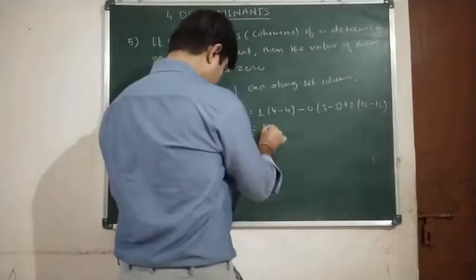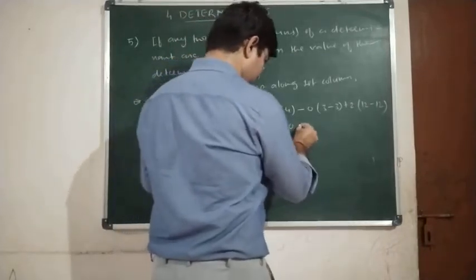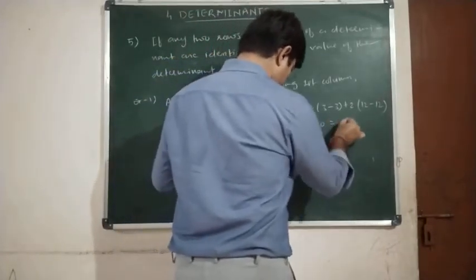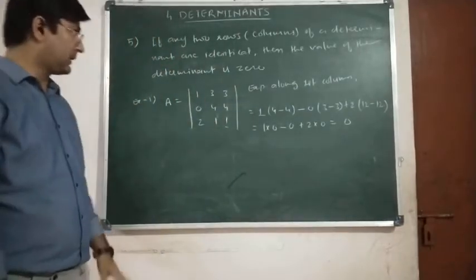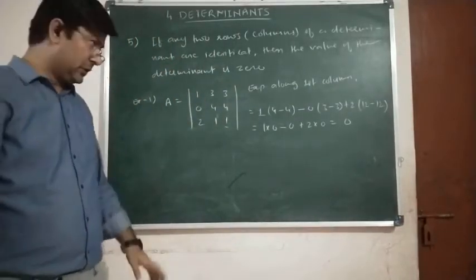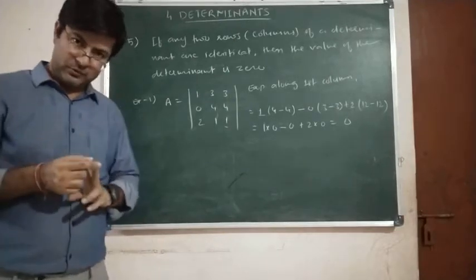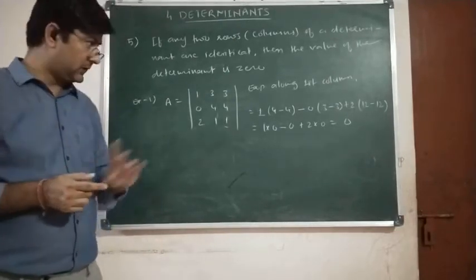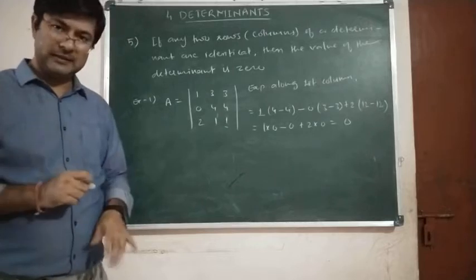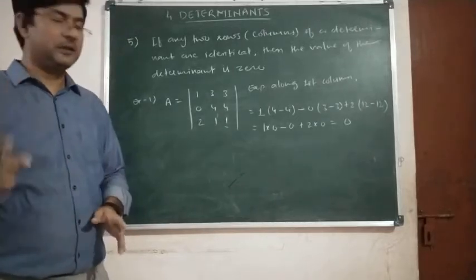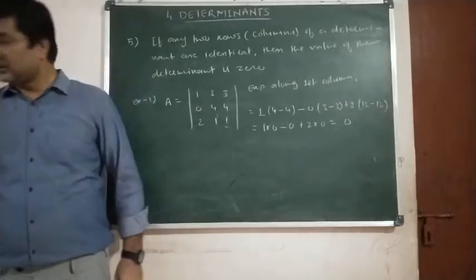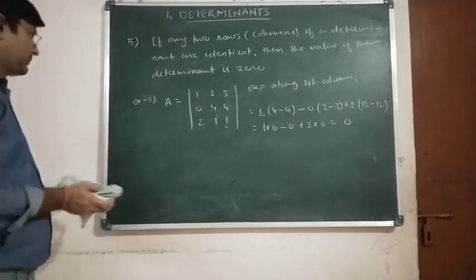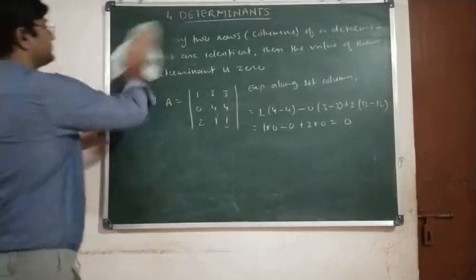So you will notice that 1 into 0 minus 0 plus 2 into 0. So all the terms are 0. So final answer is 0. Okay, hence the property is satisfied. So remember that if any two rows or columns in a given determinant are identical, then the value of determinant will always be 0. Clear? So this was property number 5. Now let us see the next property, property number 6.